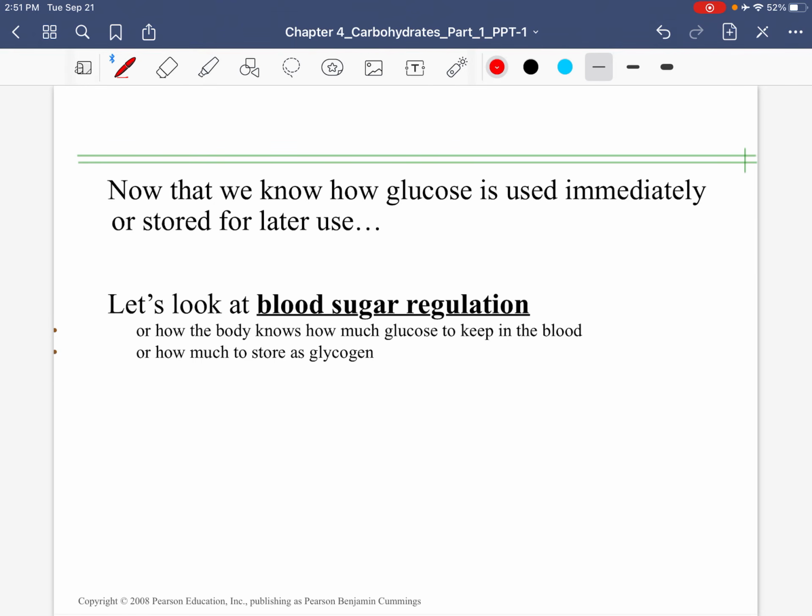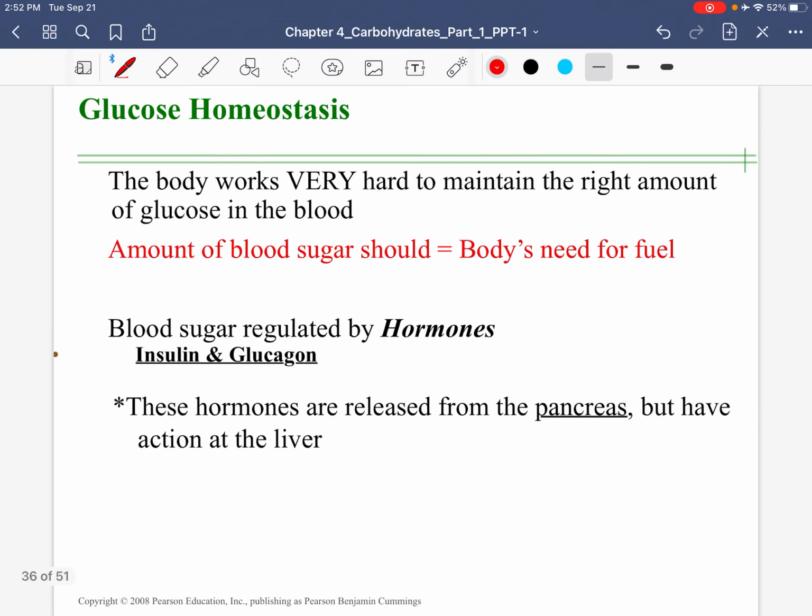It's really important. The bloodstream is like our highway. The bloodstream is how we get things everywhere. So it's really important that we have the right amount of glucose in the blood at all times, so we can properly supply energy to all of our cells, but without accumulating too much sugar, because too much sugar in the blood for a long period of time can break down the blood vessel wall, cause high blood pressure, a whole host of other things.